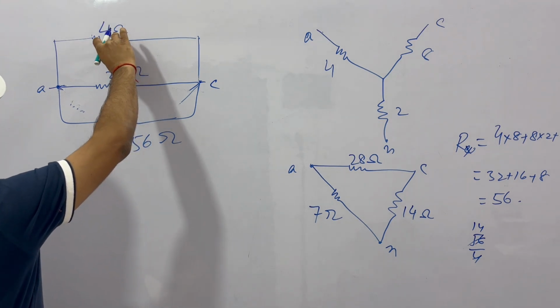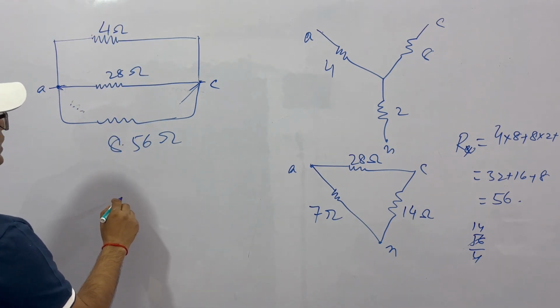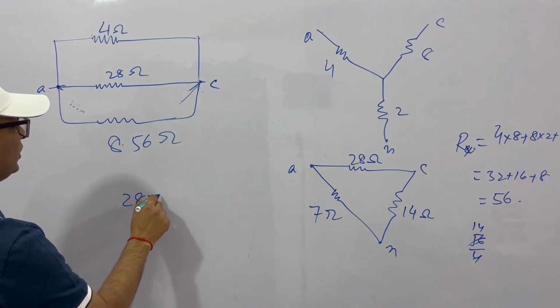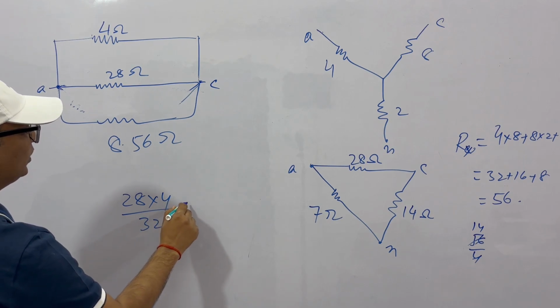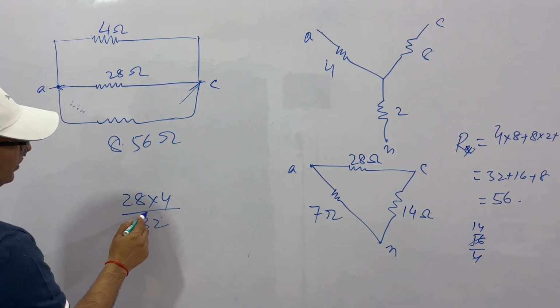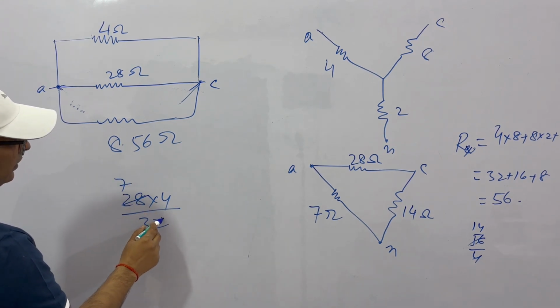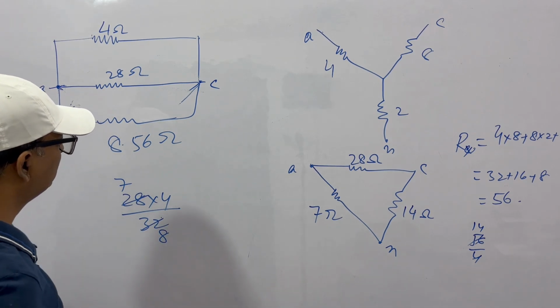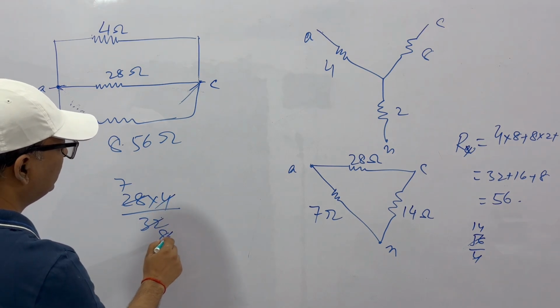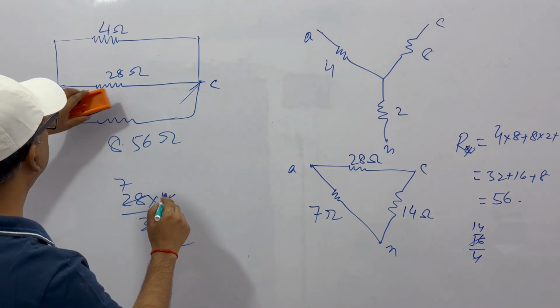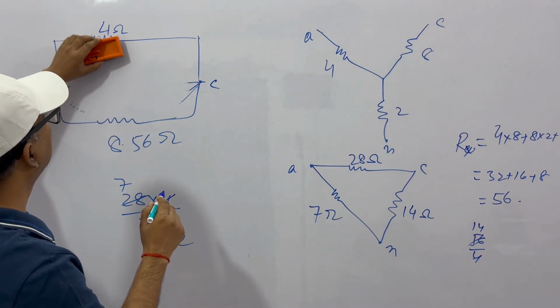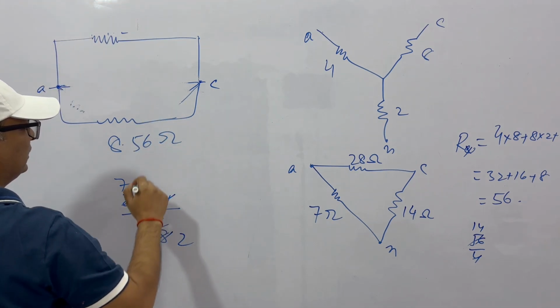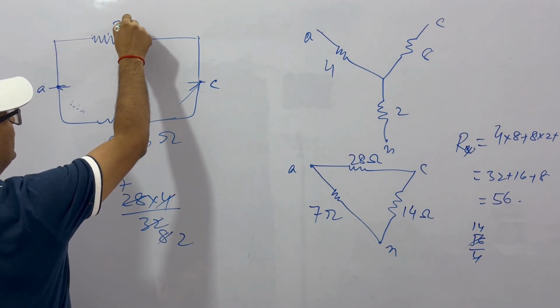Or what you can do, let's take this one first. 28 and 4 in parallel: 28 into 4 by 32, which is 7 by 2, that is 3.5 ohms.